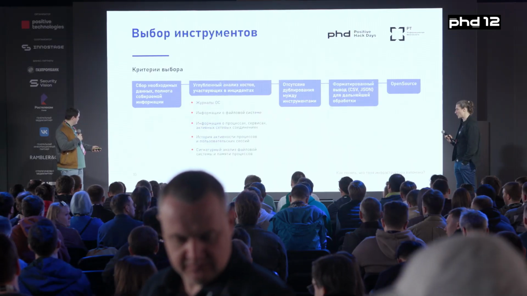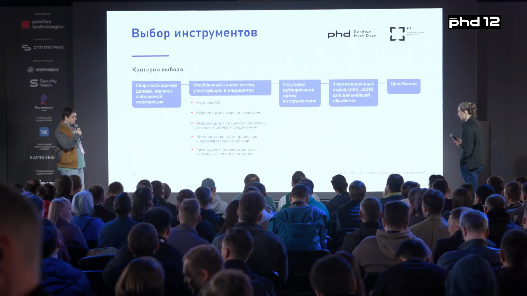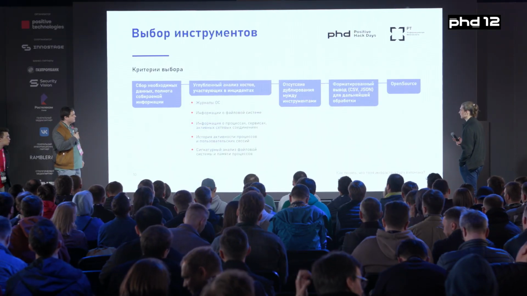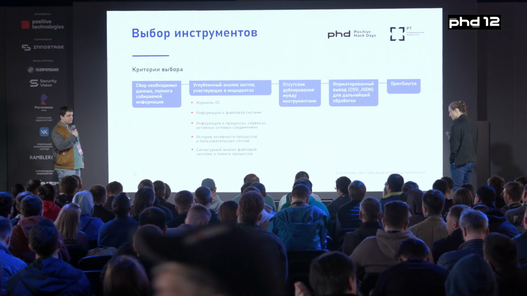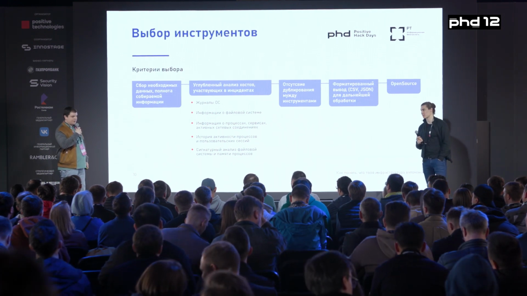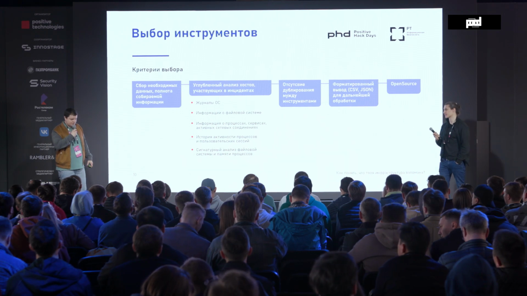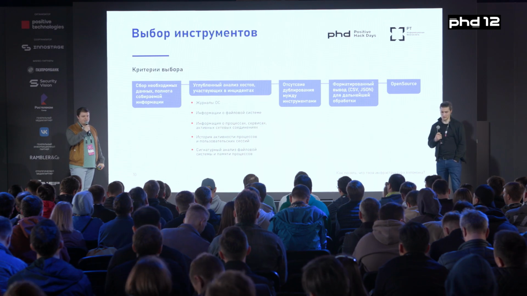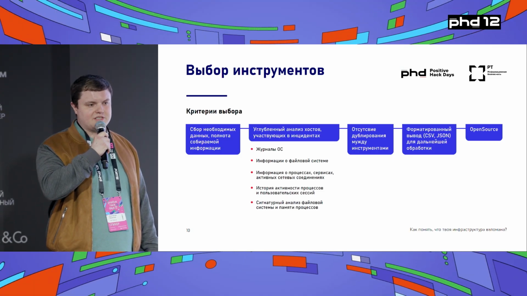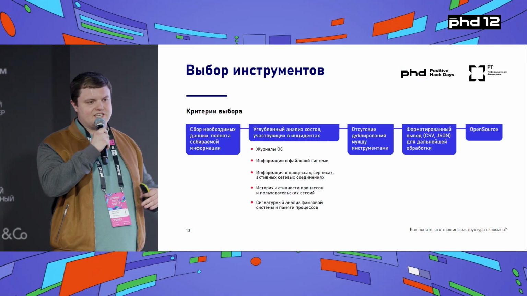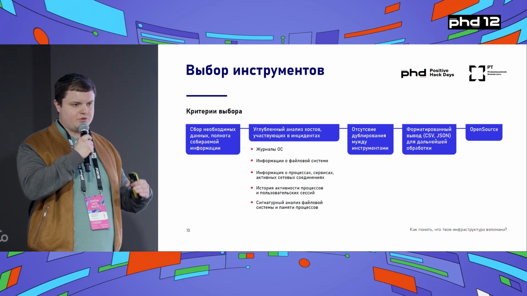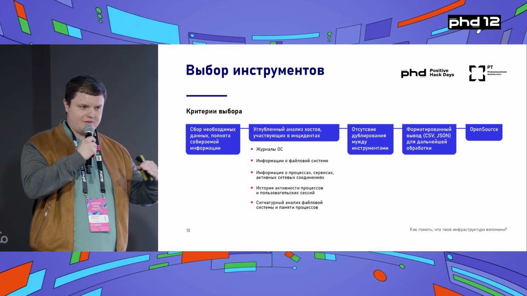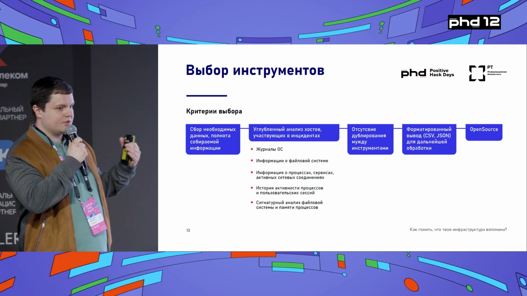Okay, slide 10 please. This is quite interesting. You say no doubling of the tools. So how do you do this? Well, we have a table for the sources of data we want to take from every host, and each build should have this.